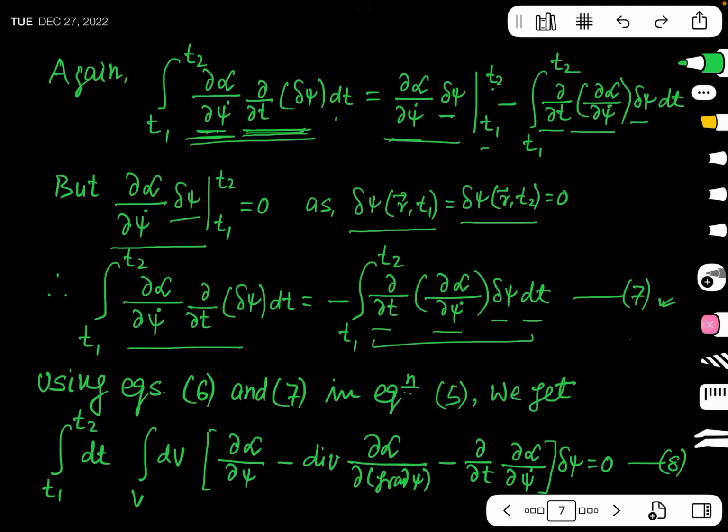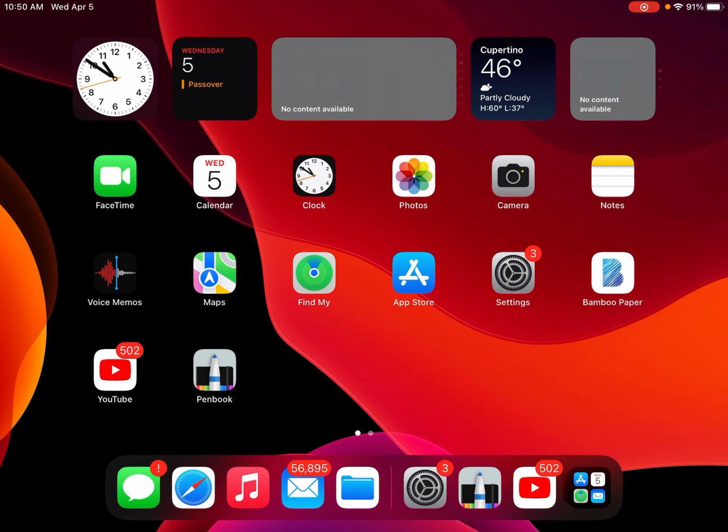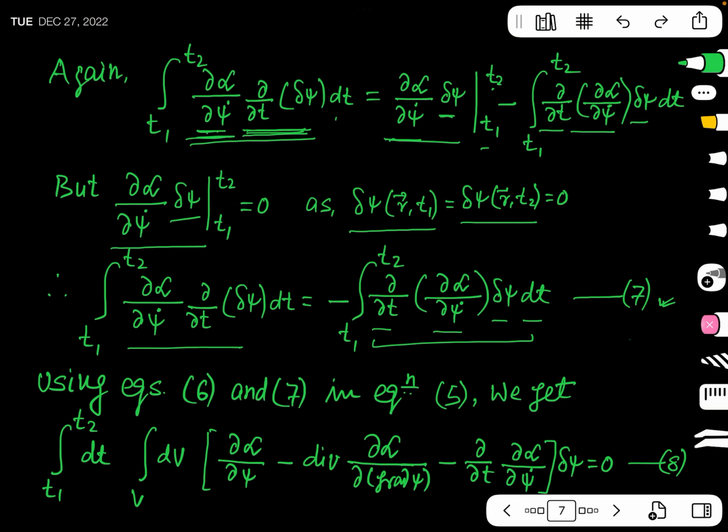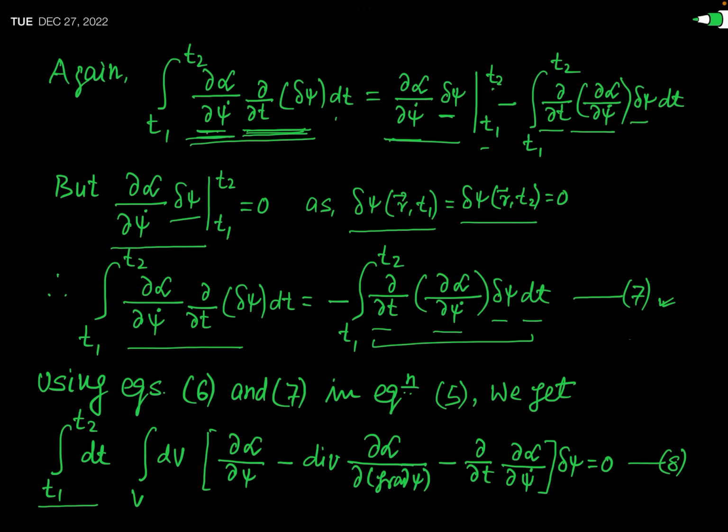So this is the integral of dt from t1 to t2, integral over v dv, and the first term is del L by del psi delta psi.